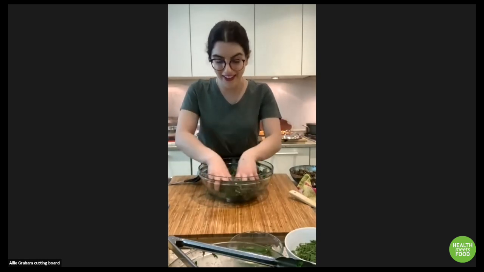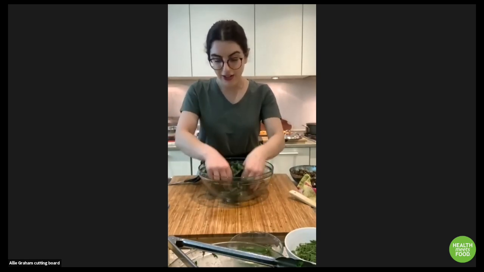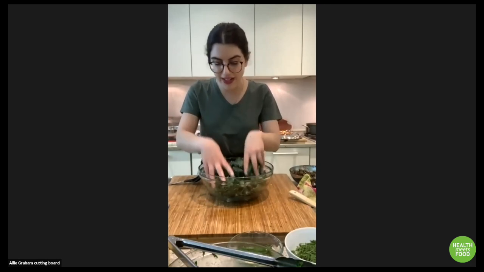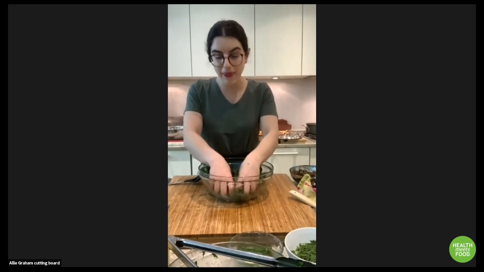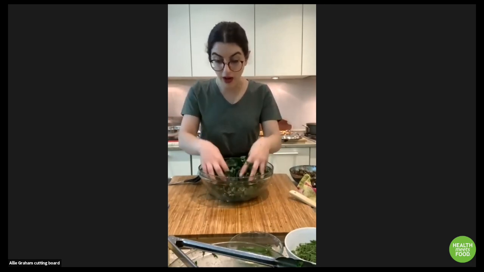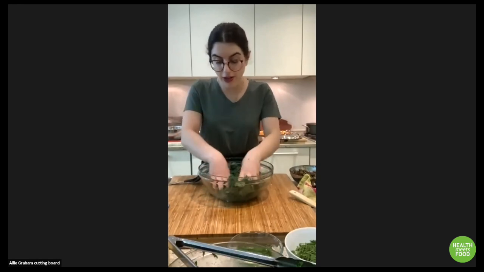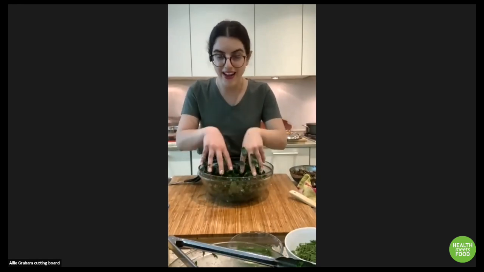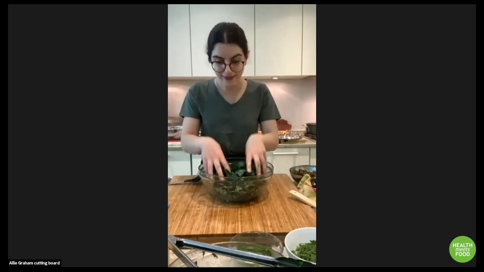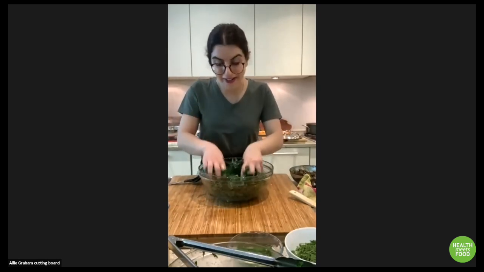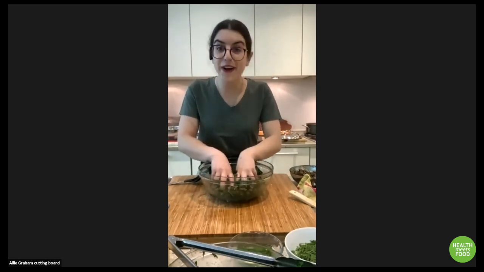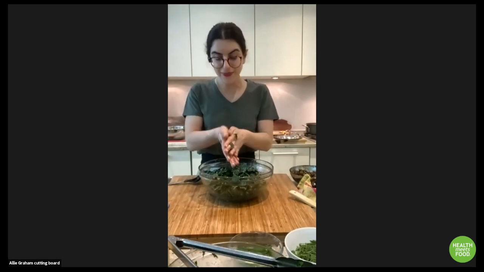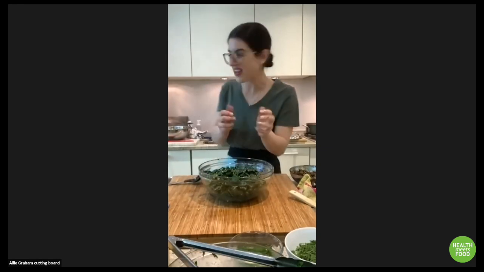So you want to give the kale a nice massage so that it starts to get any of that bitterness out of it, starts to break up how crunchy it is. And I just poured probably about a tablespoon of the dressing on, and I'm giving it a nice little rub down. And then do that for about a minute. You can do this for any salad that uses kale. Do that for about a minute and then wash your hands.